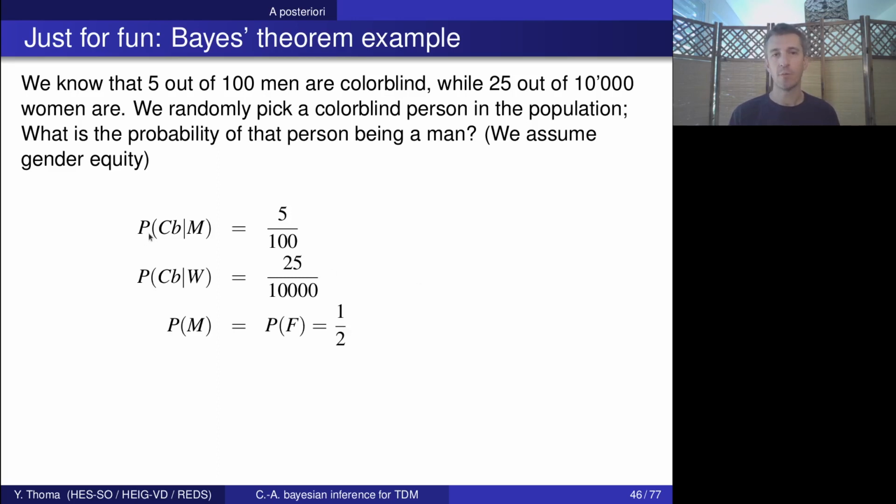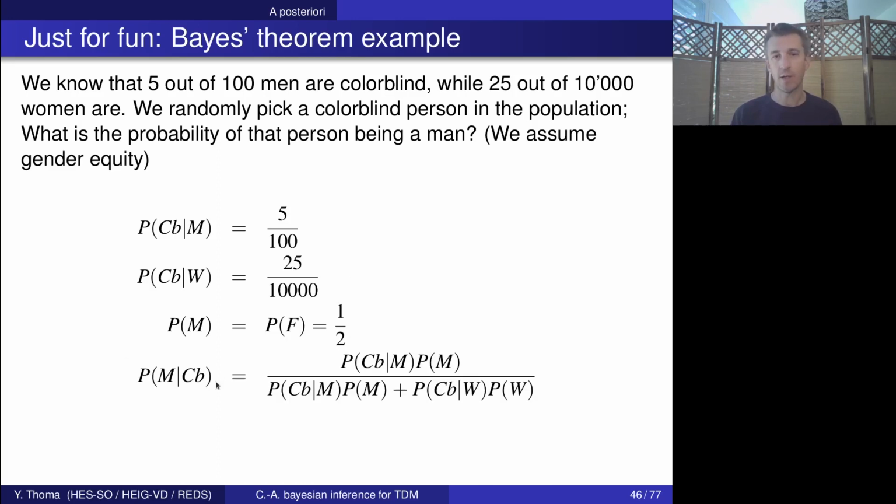We know that the probability of being colorblind, considering the person is a male, is 5%. And the probability of being colorblind, considering the person is a woman, is 25 divided by 10,000. The probability of being a man is the same as being a woman, and is just 0.5.